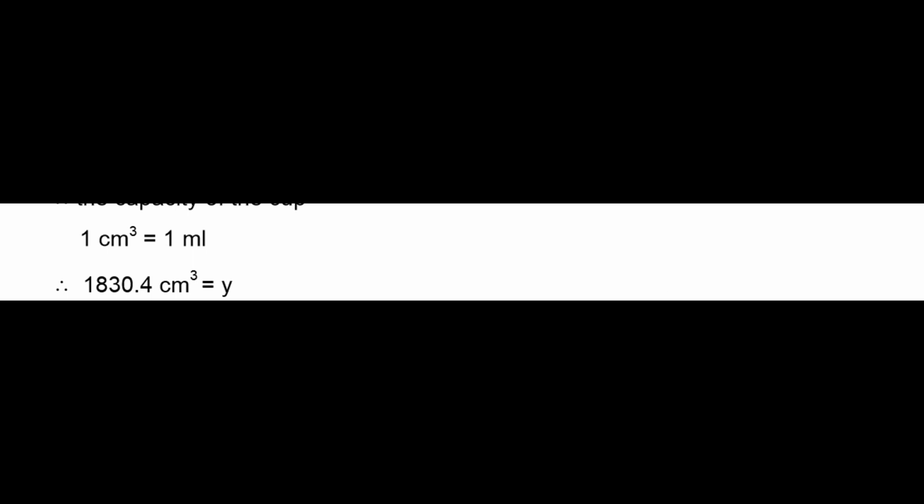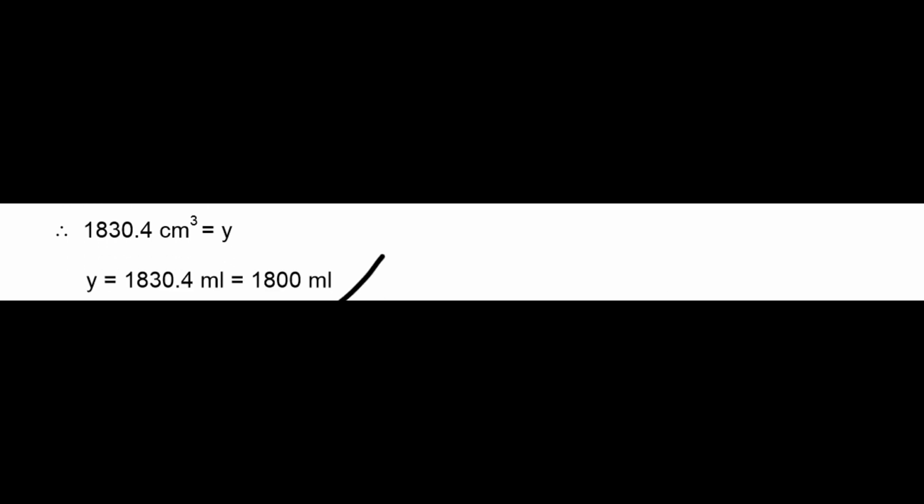Y. So the Y will be the same thing as 1830.4 milliliter. So the volume is 1830.4 centimeter cube. Now the capacity is 1830.4 milliliter.